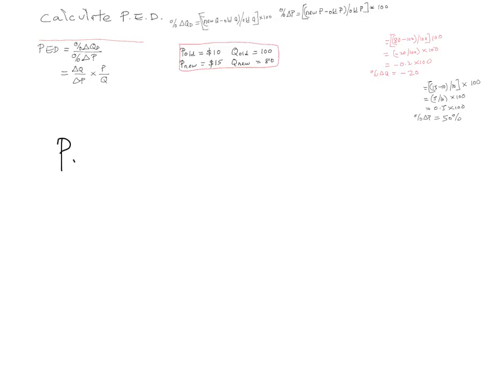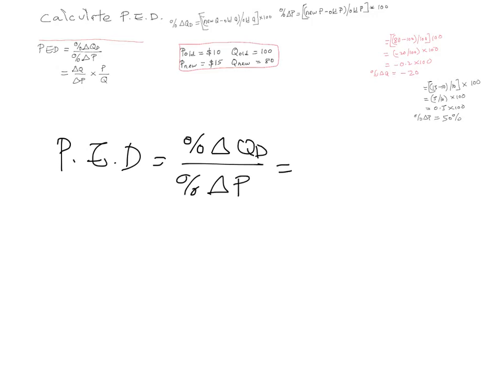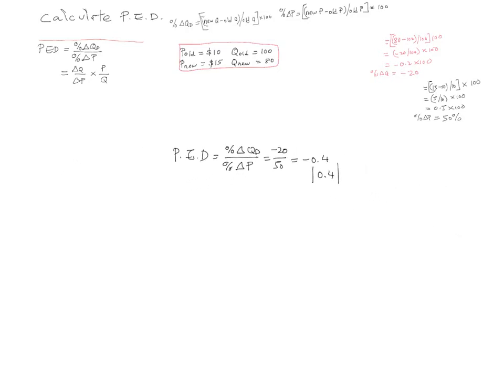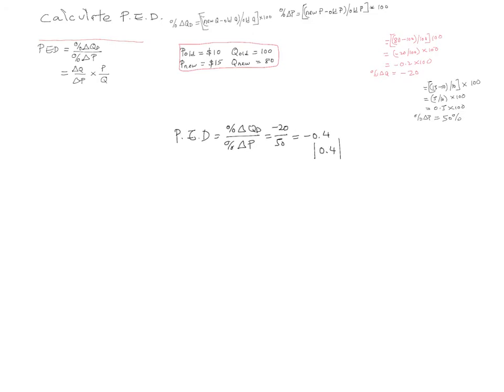The price elasticity of demand is the percentage change in quantity demanded divided by the percentage change in price: minus 20 over 50 equals minus 0.4, or in absolute terms 0.4. So this is our answer so far. We have calculated the price elasticity of demand, and we found that it is minus 0.4, or in absolute terms 0.4.